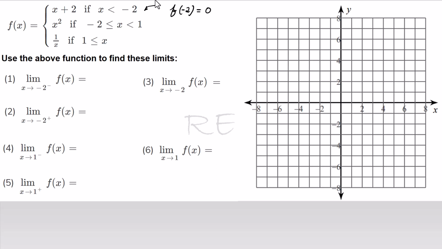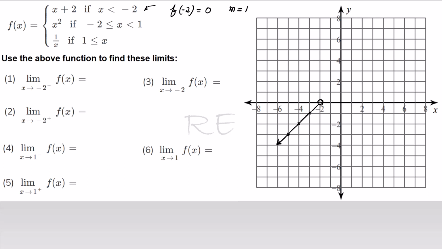Now, f of -2 is equal to 0, but it's not part of the domain, so we're going to have an empty circle at (-2, 0). The slope is 1, positive slope, so it's 1 to 1, 1 to 1. Then we connect the dots, and we have the first portion of the graph.